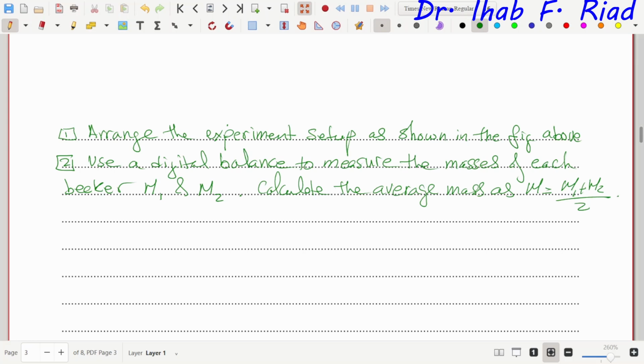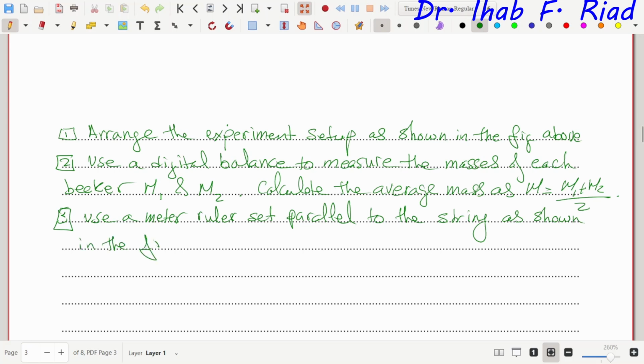3. Use a meter ruler set parallel to the string, as shown in the figure.